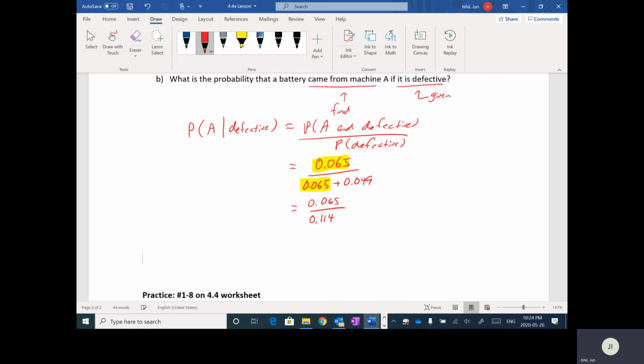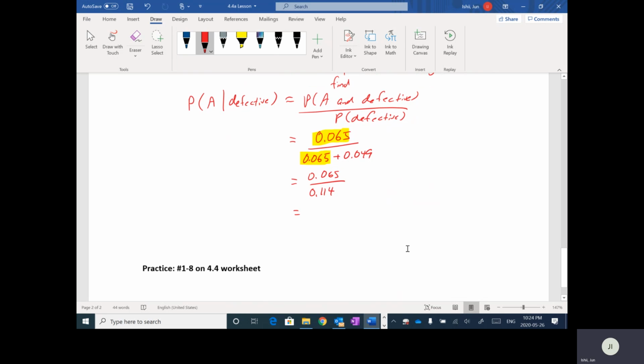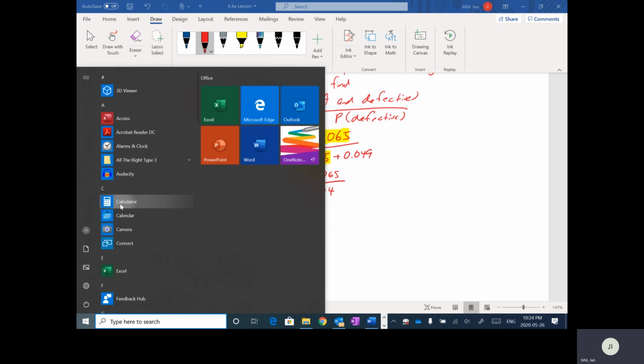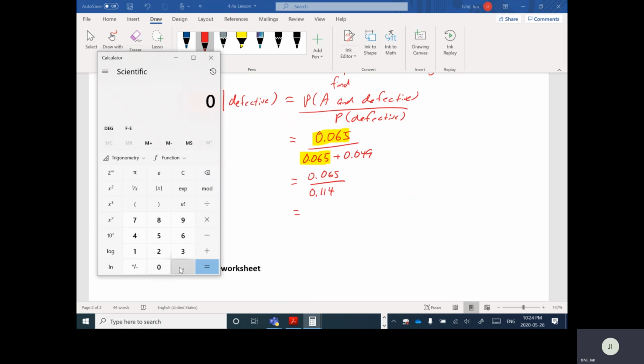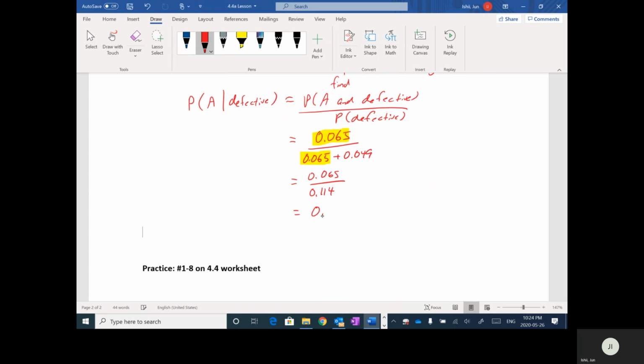So now that I've got those two here, let's just punch that in. So 0.065 divided by 0.114 equals 0.57.